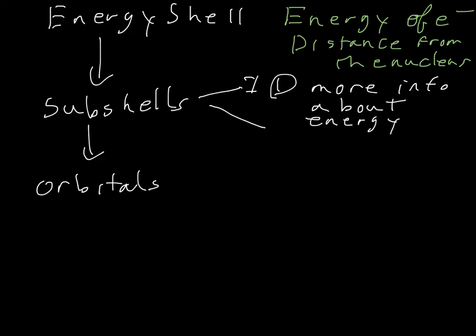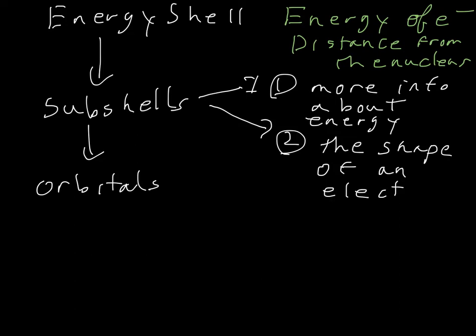The subshell also tells us the shape of an electron's orbital. All right, so let's take a look here.